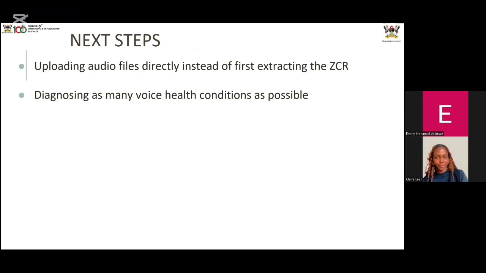Then we also hope to diagnose as many health conditions as possible. In the process of diagnosing many health conditions, we'll be able to get the audio clips and retrain the data set so that we can have very accurate diagnosis.